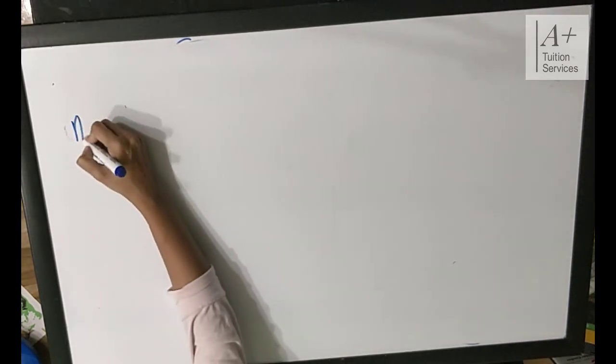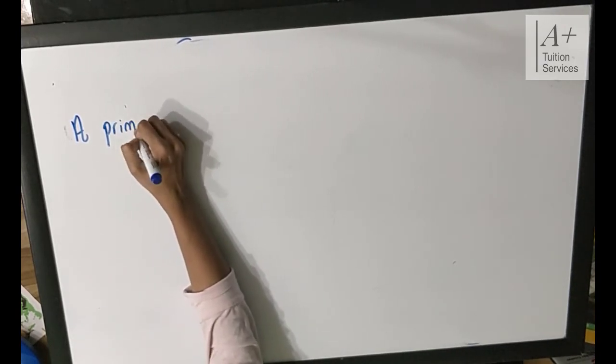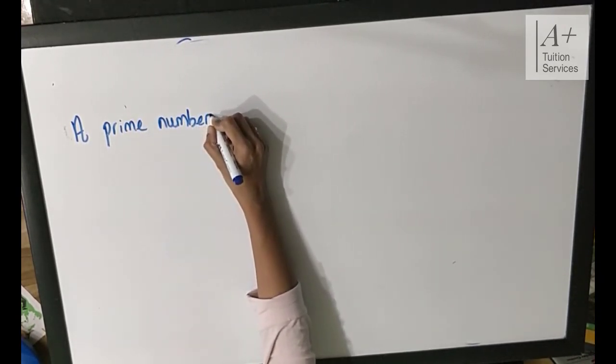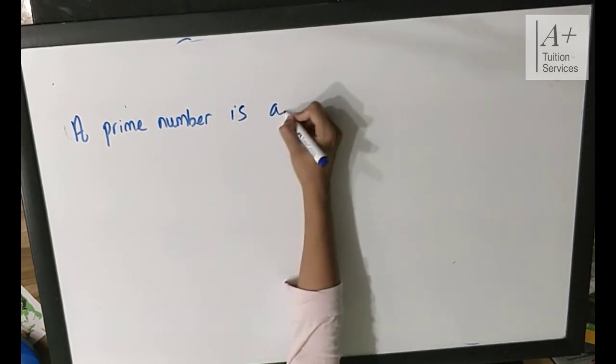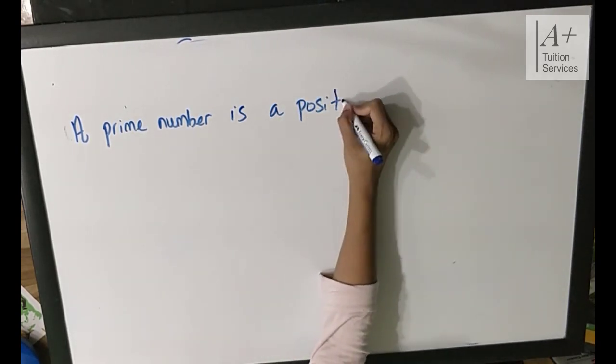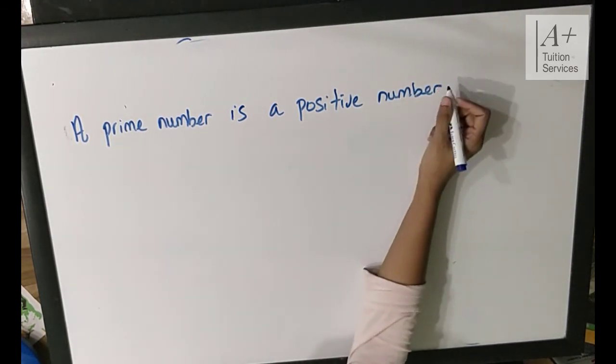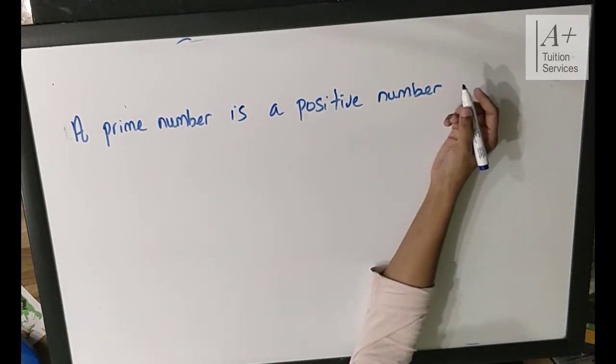A prime number is a positive number, or a positive whole number, right?